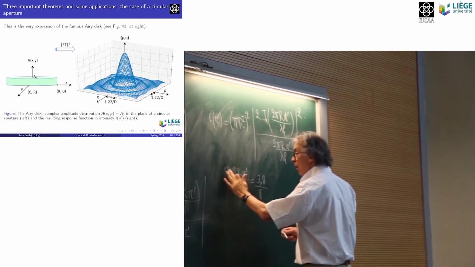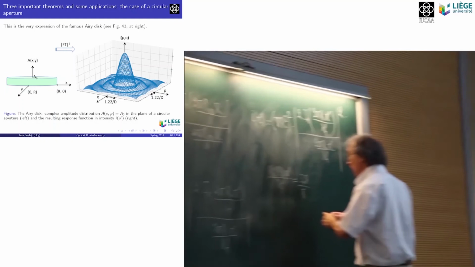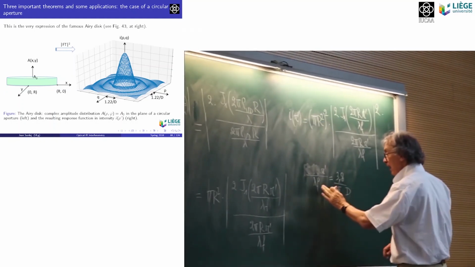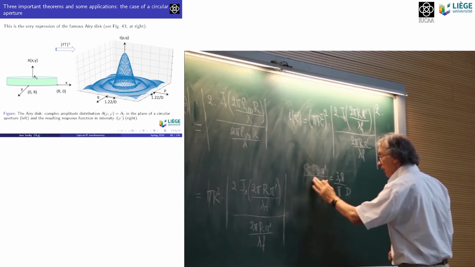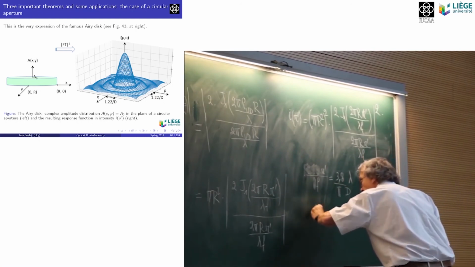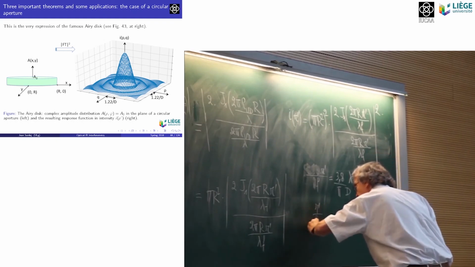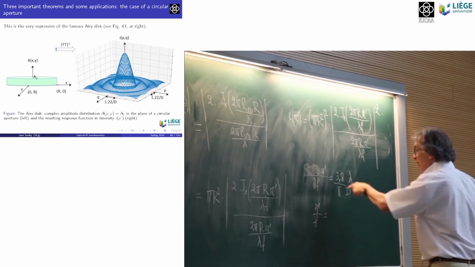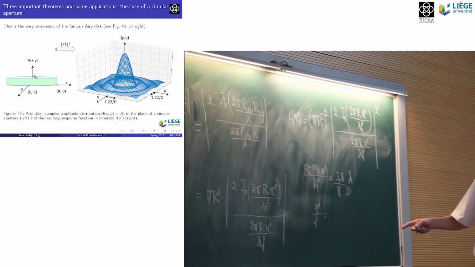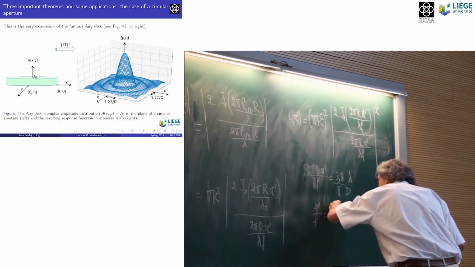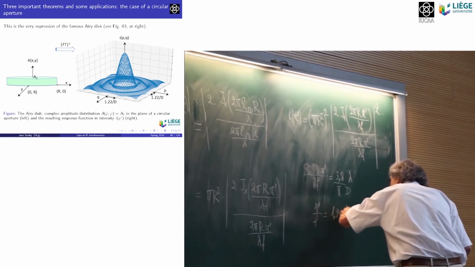Well, 2 times r is a diameter, so I divide by the diameter, and now I multiply by the wavelength. So I find that r prime over f is equal to 3.8 divided by 3.14, which is 1.22, so 1.22 lambda over d.